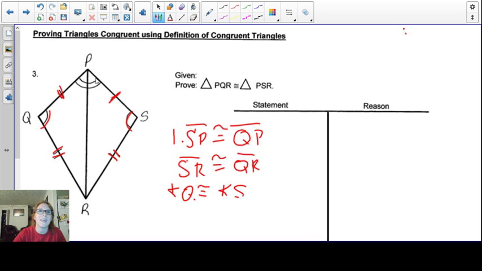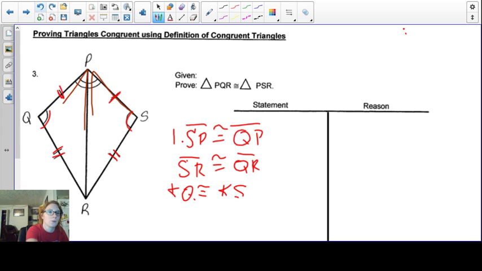Now, if you look at P, notice how I have an angle here, an angle here, and a big giant angle here. So angle P could refer to 3 different things. If I talk about angle P, I need to talk specifically about the different parts. So since it's split, I have to use 3 letters.